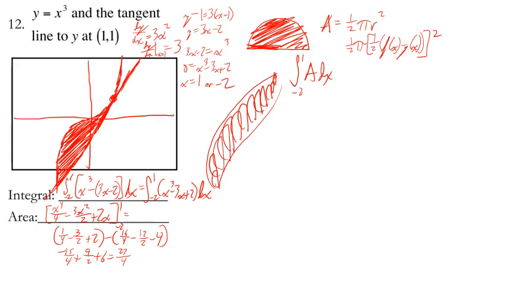So let's see how we would do that. Notice we had 1/2, and our f of x was x cubed because that's on top, minus 3x minus 2, all of that squared.